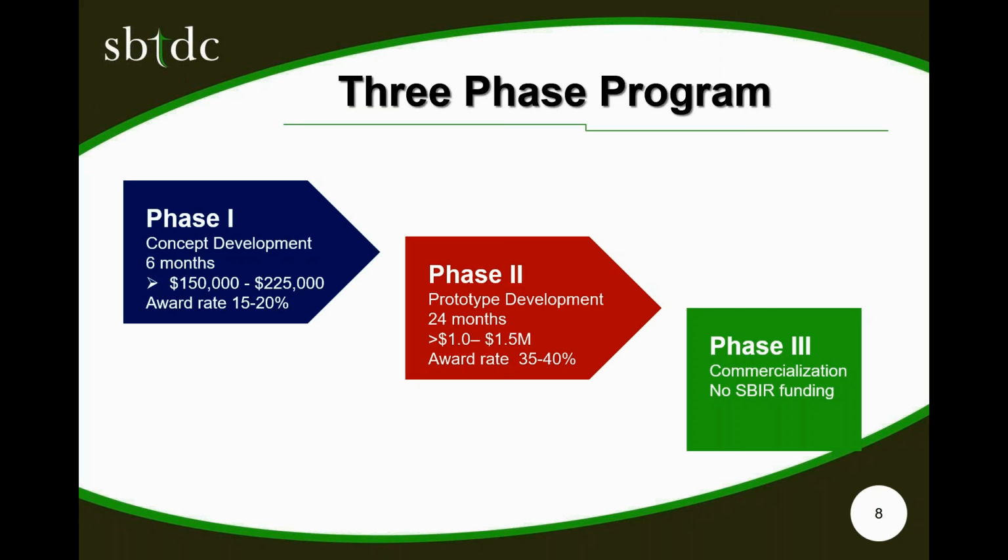Field testing, working out the bugs of the technology so that hopefully by the end of that phase 2, you've got a complete working prototype in hand. So generally phase 2 lasts about 24 months. Funding is generally about $1 million to $1.5 million, and award rates range from 35 to 40%.